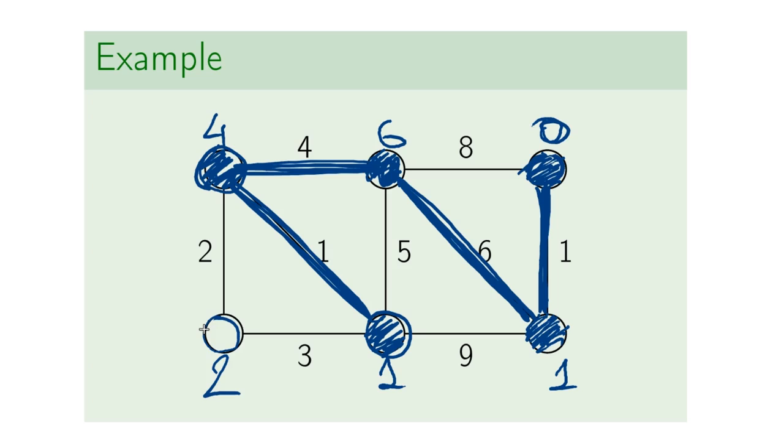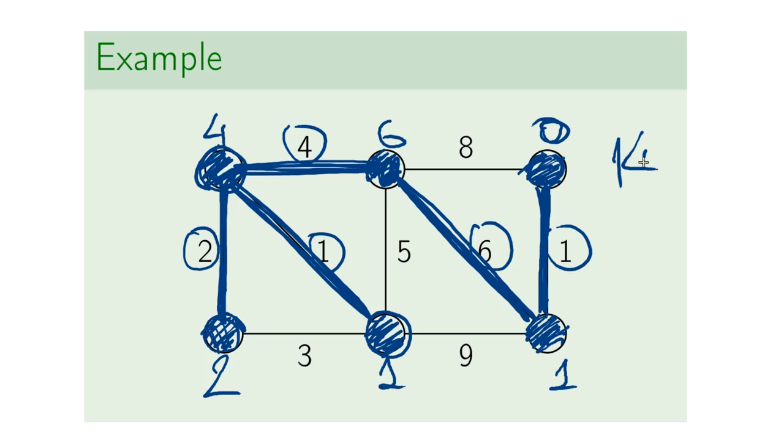So at the last step, we extract the only remaining vertex, and we see that the cost of attaching this vertex to the current tree is equal to 2. And this is done by this edge. So now let's compute the total weight of the resulting tree. It is 2 plus 1 plus 4, which gives us 7, plus 6, which is 13, plus 1. So this gives us the tree of total weight 14.